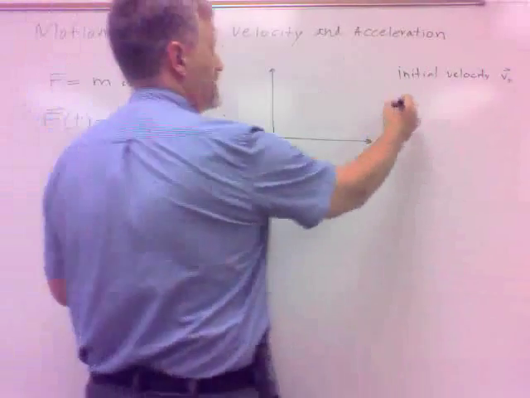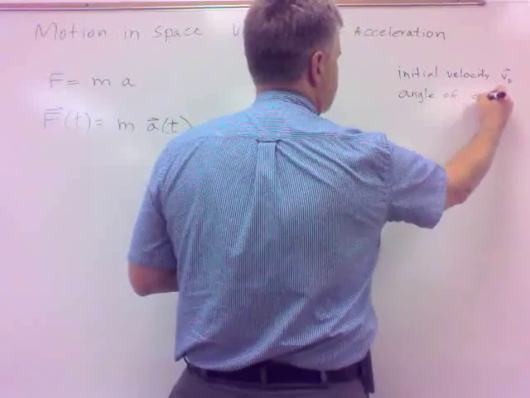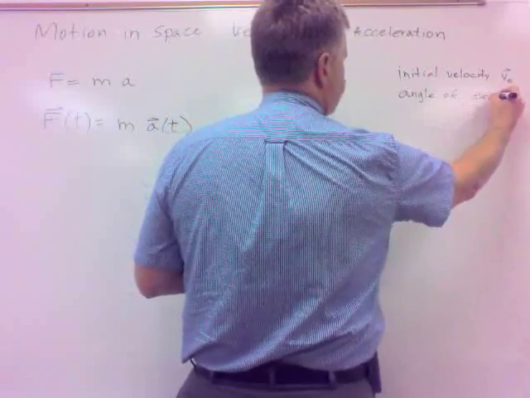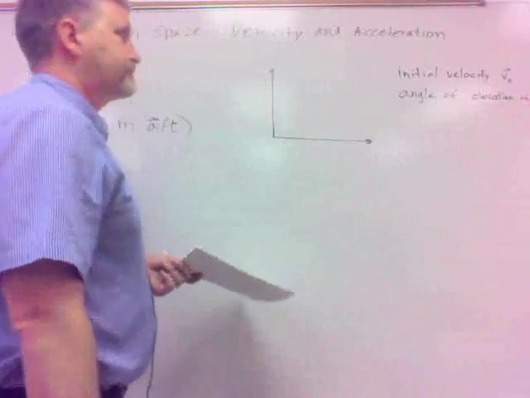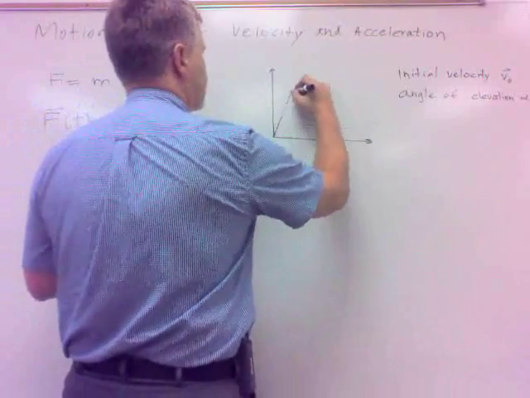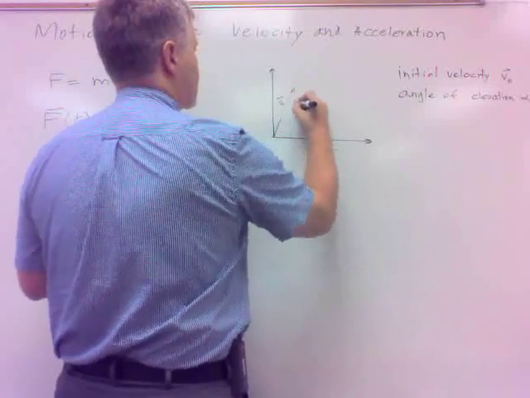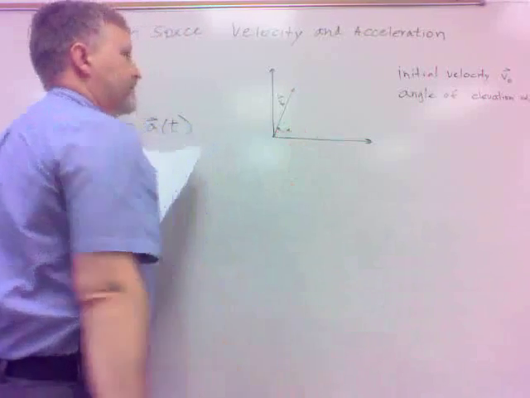And then we're also going to be provided the angle of elevation, alpha. So we've got our velocity vector here, and then our angle of elevation, alpha here.